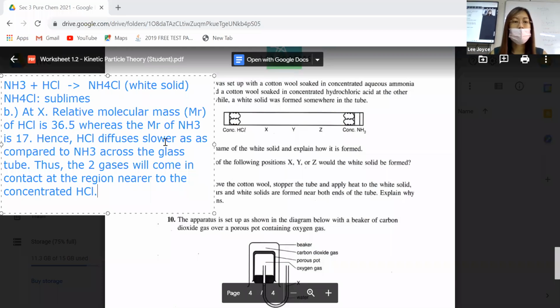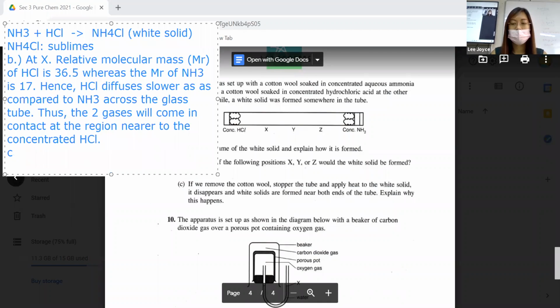Okay, and what about part C? If you were to remove the cotton wool, stopper the tube and apply heat to the white solid, it disappears and the white solid is formed near both ends of the tube. Explain why this happens.